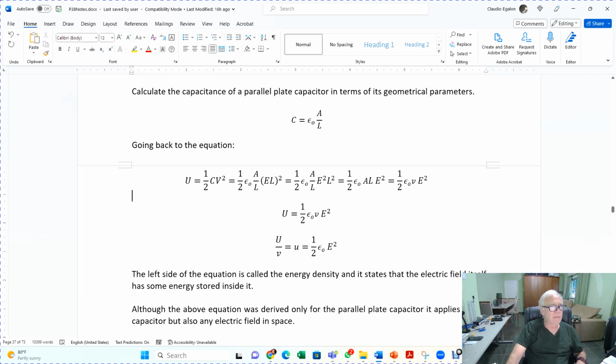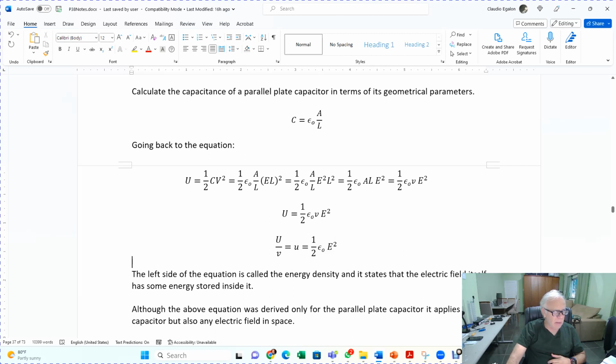But now I'm going to do something else. I'm going to pass this volume to the other side. And what you're going to get is the electric potential energy density of the device. And what do we end up getting? We end up getting this simple result here, half epsilon naught E squared. So that's the potential energy density of our capacitor.